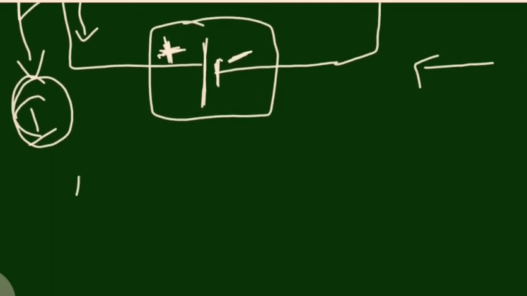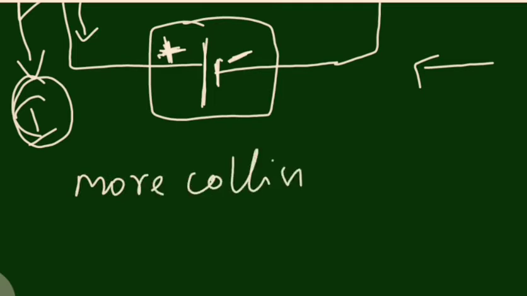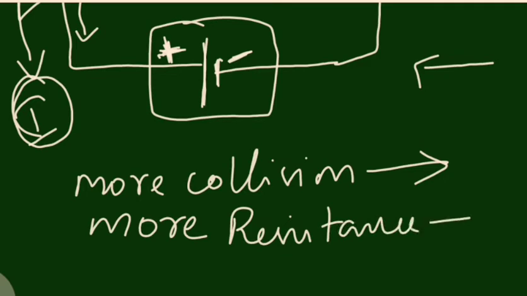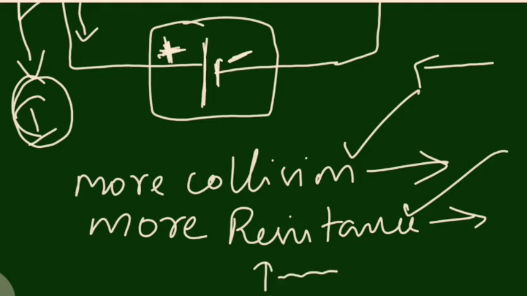You can understand that if more collision is there, the resistance will be more, because resistance is the hindrance or the obstruction. If more collision is happening, the resistance offered will be more, or less current will flow, or there will be more difficulty for the current to flow.